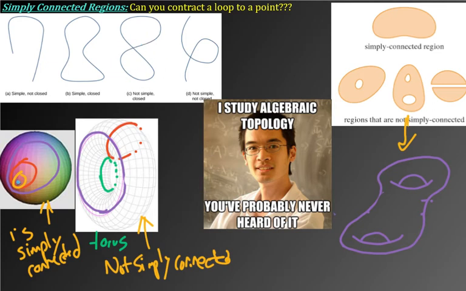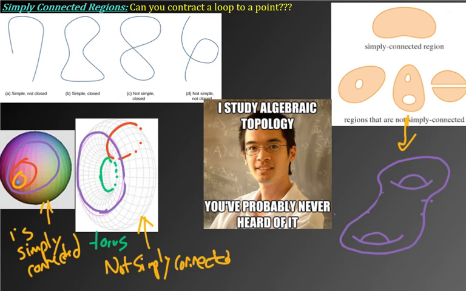This one, think of it like the way we have this one here. This is not simple. It is closed, okay, but it's not simple. And then this one is not simple and not closed, because you've got these tails that stick out into space, and then you've got crossing points, and so crossing points make it not simple.